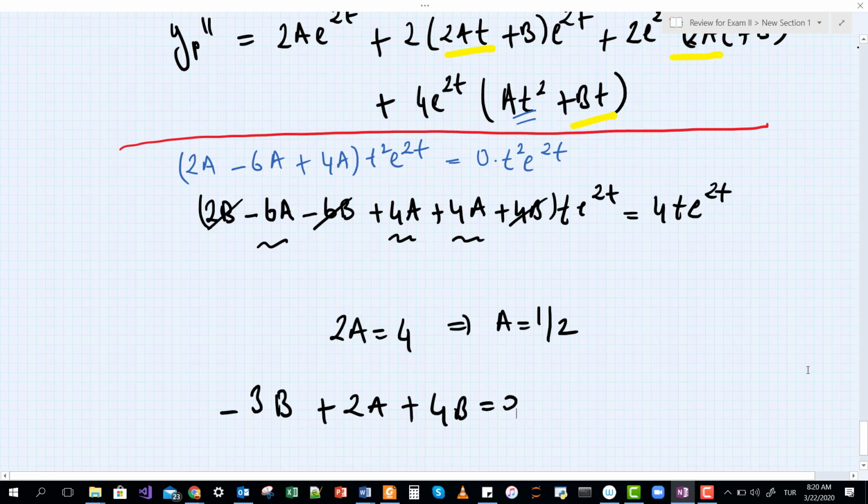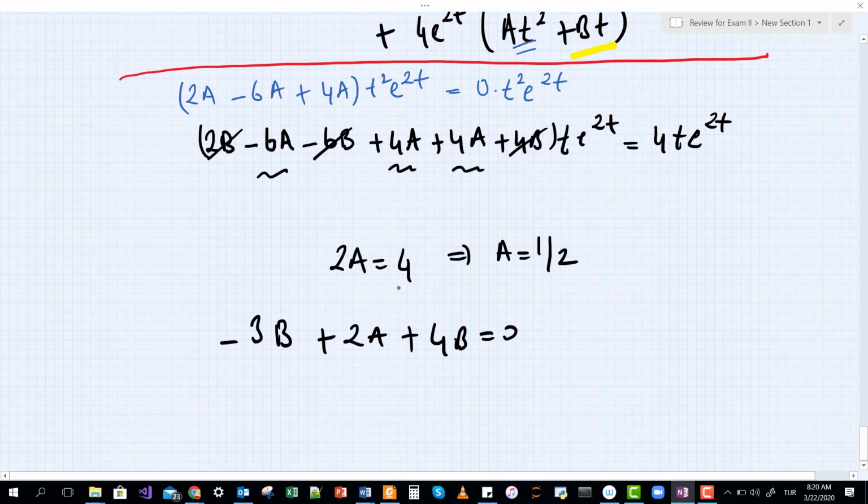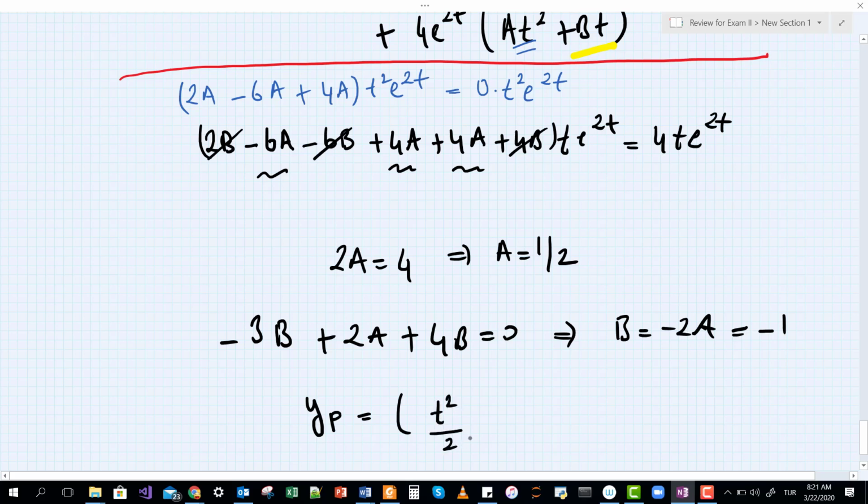So I have an equation here I can solve for b, since I already solved for a. b is going to be equal to negative 2a, and since I know what a was, b is going to be equal to negative 1. Great. So my yp from this one, at squared plus bt was my original form. So (t squared over 2 minus t) times e to the 2t is going to be my particular solution.